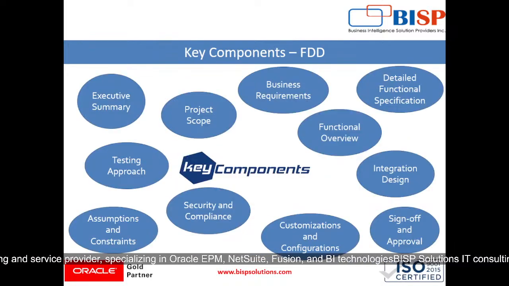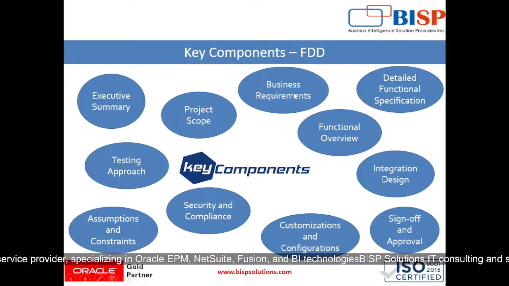Some key components of FDD are: first, we will be making an executive summary, where the purpose is to give a brief overview of the document's objective, and the contents inside the executive summary are a high-level summary of the project's goals and the system's functional design.